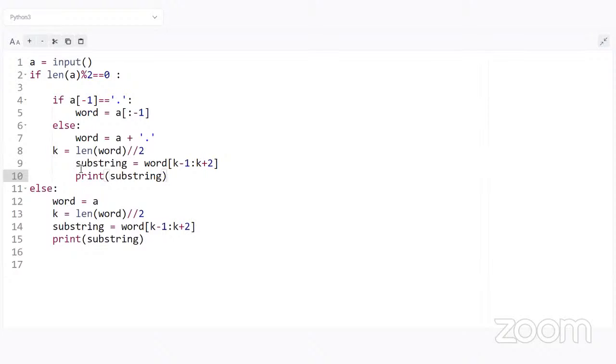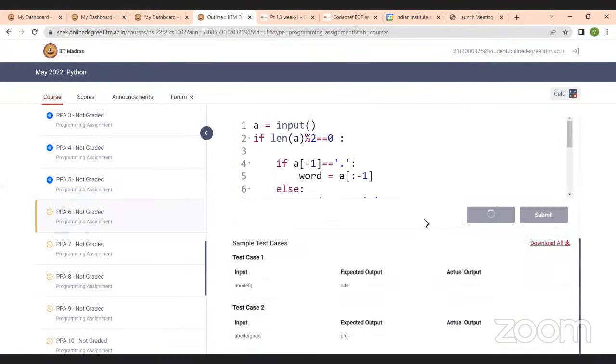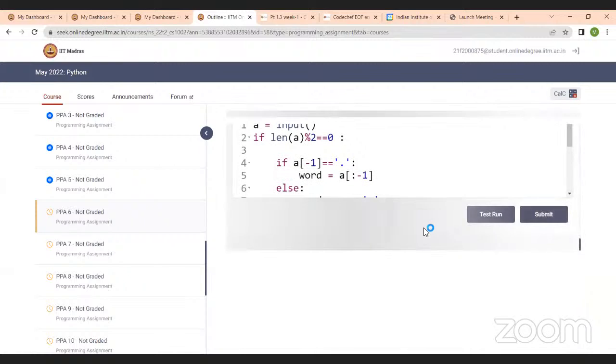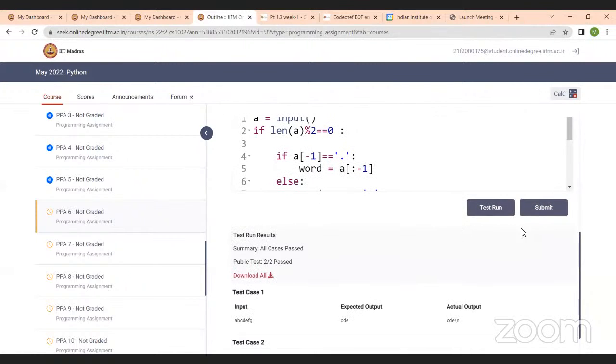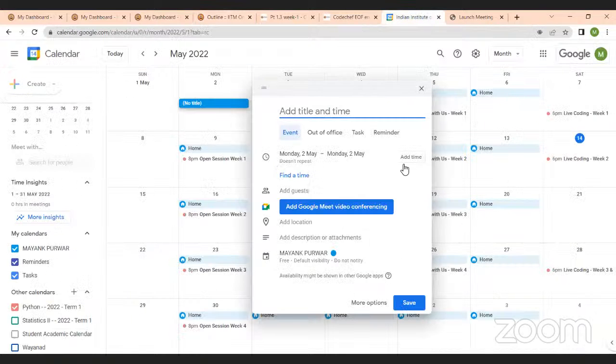You can just do the backspace if that is okay. I think it's good, sir. Yeah. Now you try to run the code. Okay, thanks, sir.